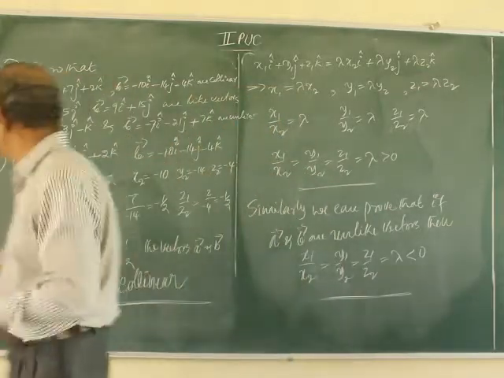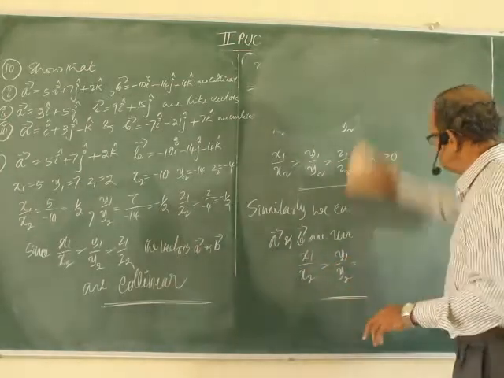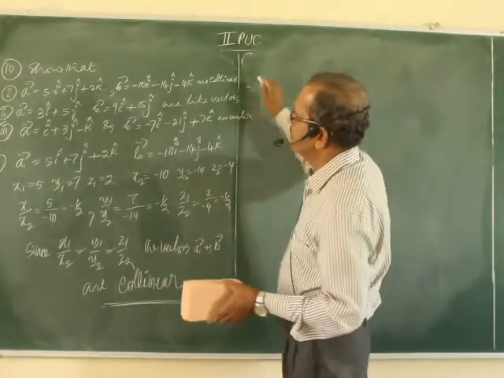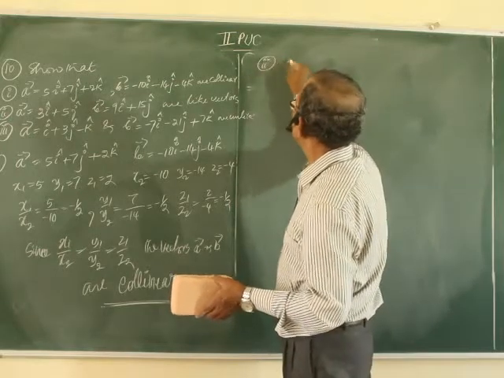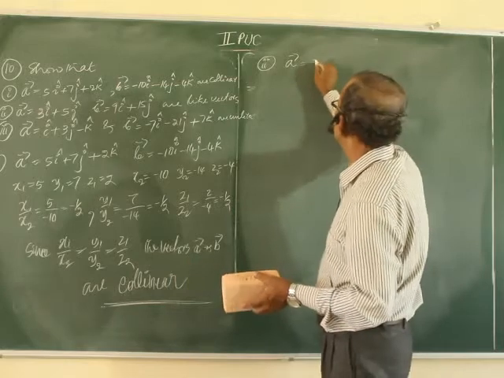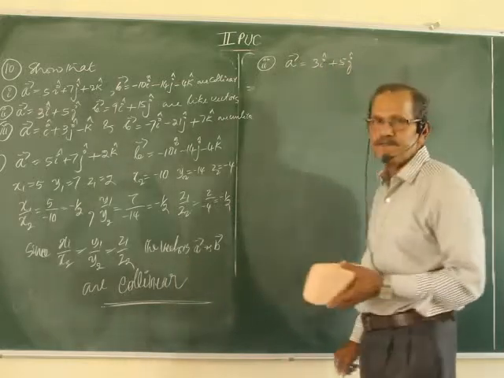Anyway, two more problems are there, no? Let me take the second one. A equal to 3i plus 5j, a two-dimensional vector.